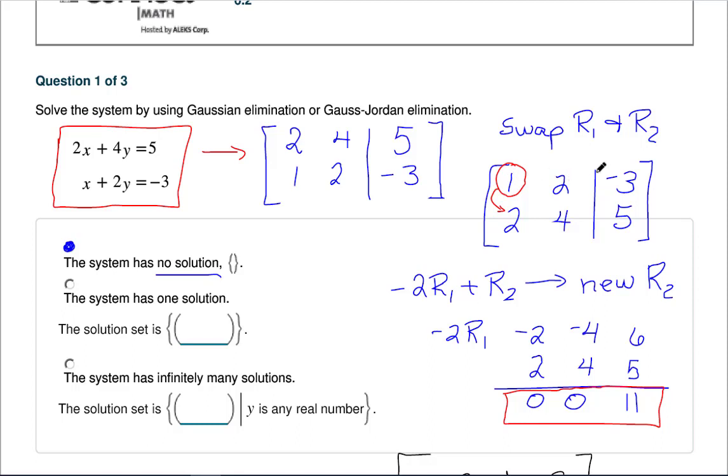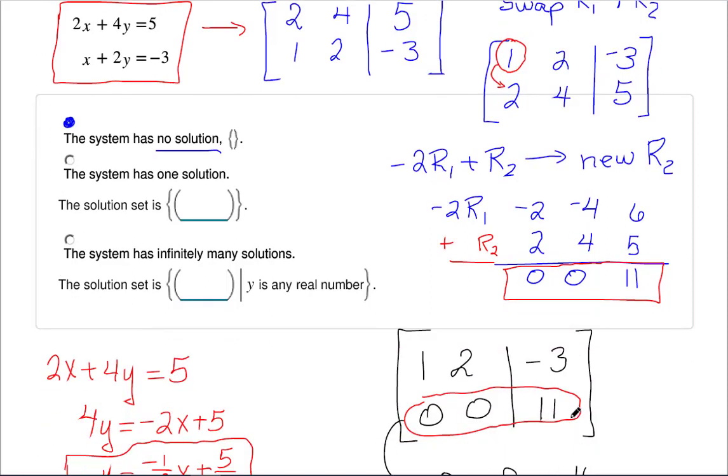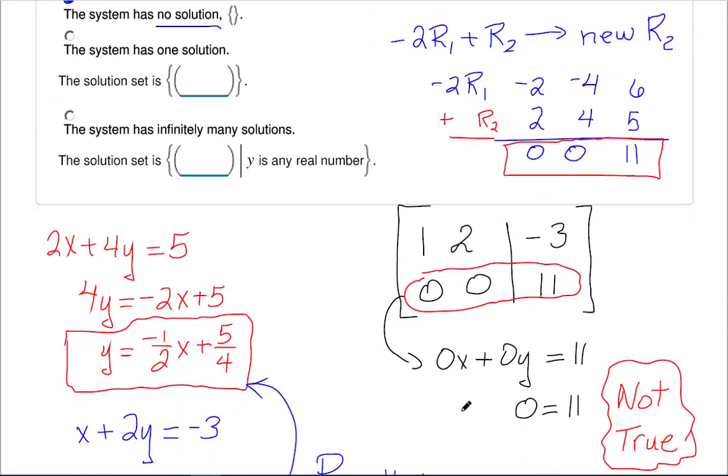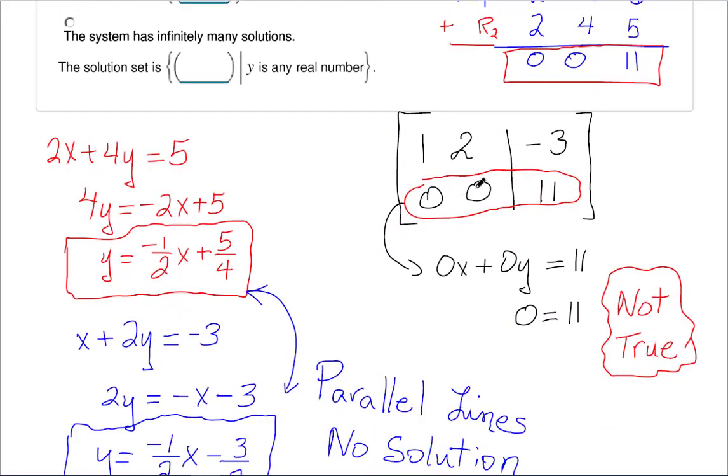So minus 2 times each of those numbers, we get minus 2, minus 4, 6. Here's row 2. We're going to add these two together to get my new row 2. Well, when I do that, I see that what we have is 0, 0, 11. So 0 would be equal to 11. That's just not true. So what I did over here, you don't need to do this.